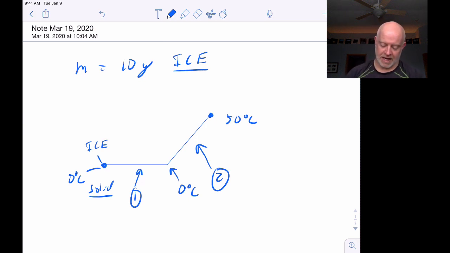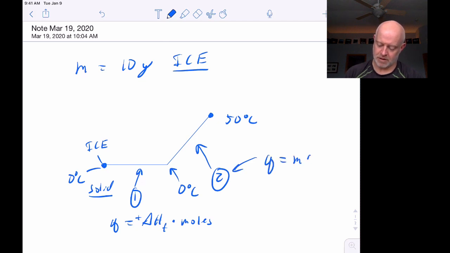Now, to do this, I need to know that something is melting, right? So my energy change, or my Q value, is going to be my heat of fusion here because I am melting, okay? Now, that means it is melting, so it's absorbing energy, so this is going to be positive, all right, times my moles, okay? My part two is going to be an mcΔT scenario here.